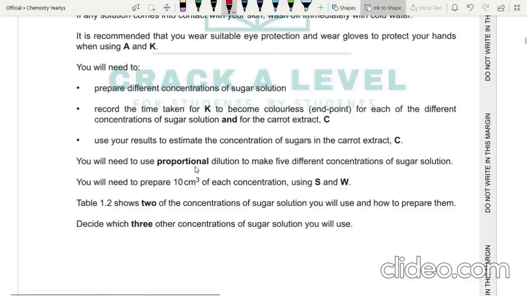You will need to prepare different concentrations of sugar solution. Record the time taken for the K to become colorless for each of the different concentrations of the sugar solution and for the carrot extract C. Use the result to estimate the concentration of the sugars in the carrot extract C. You will need to use proportional dilution. As I told you earlier, proportional dilution is the same as simple dilution.